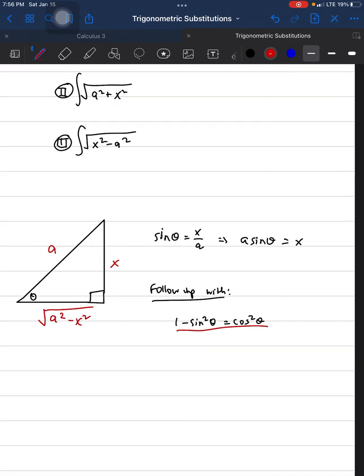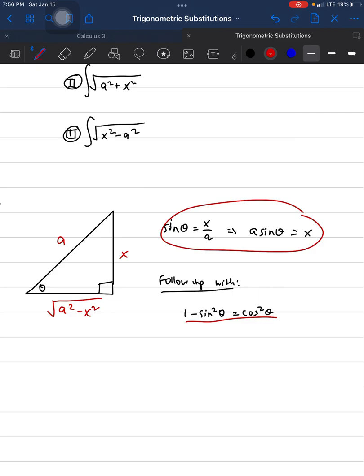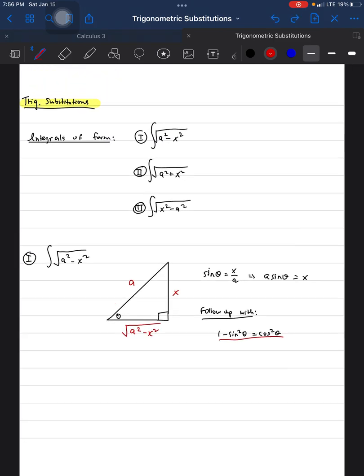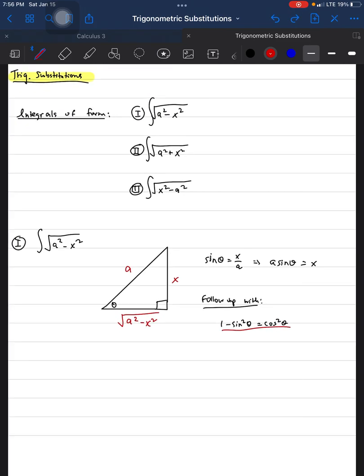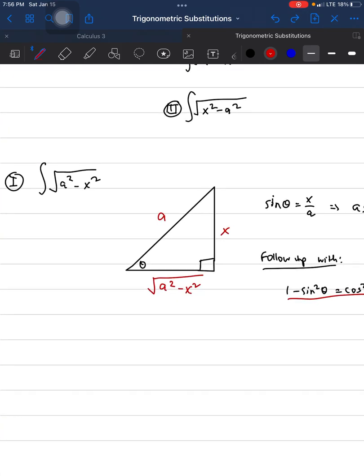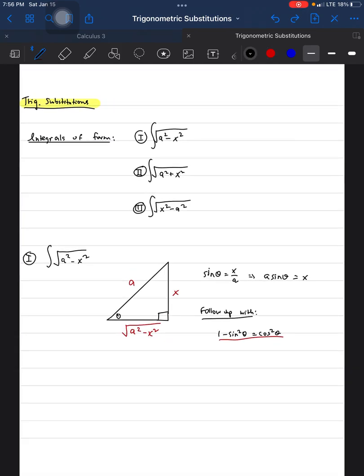So the first step is just this right here, where we find which trig function we are working with, and then we follow up with this identity.